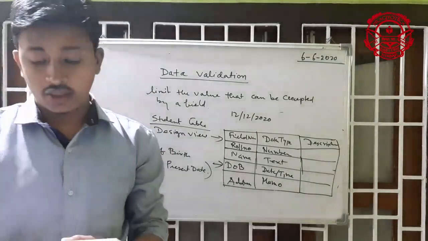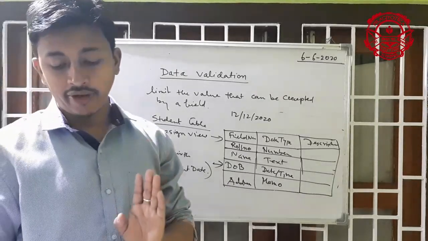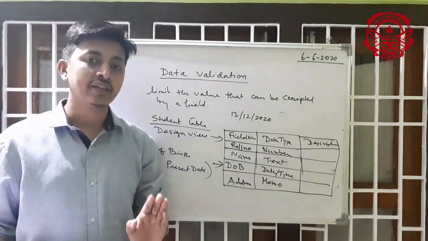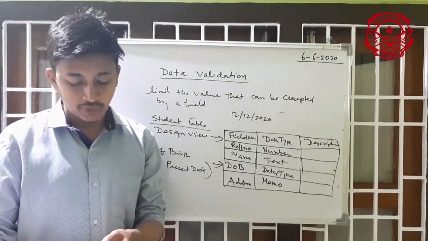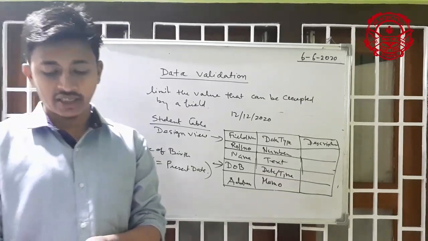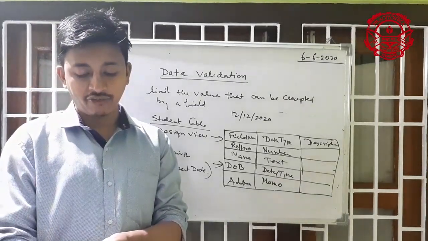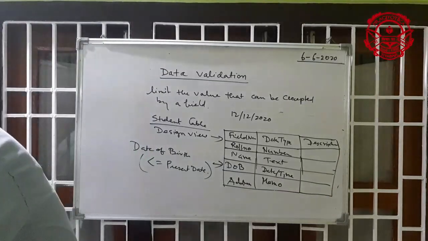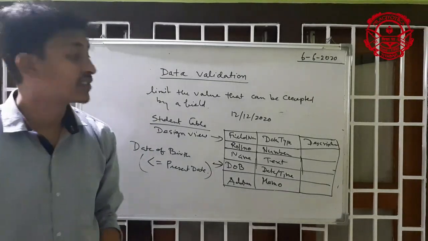Now, you can see in the book, validating numbers. First, we are going to validate the numbers. In the book, for numbers, the most common technique is to check that the value falls in a certain range.